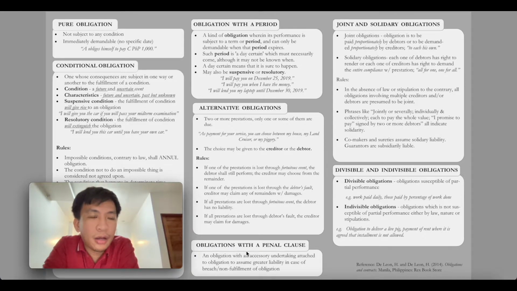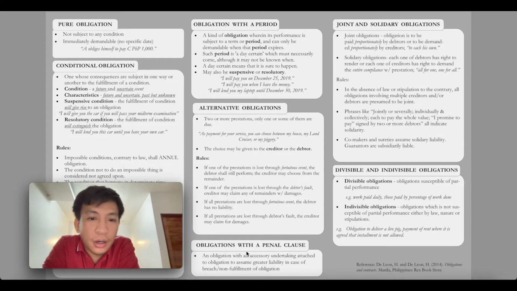Remember, so far let's recap. Yung pure obligation, yung walang any condition or term, yung conditional obligation, subject to condition. So obligation with a period, it is subject to a term or a period which is certain to happen. Yung sa condition, it's uncertain. Okay? In alternative obligations naman, there are two or more prestations. Dalawa or more ang objects of the obligation.